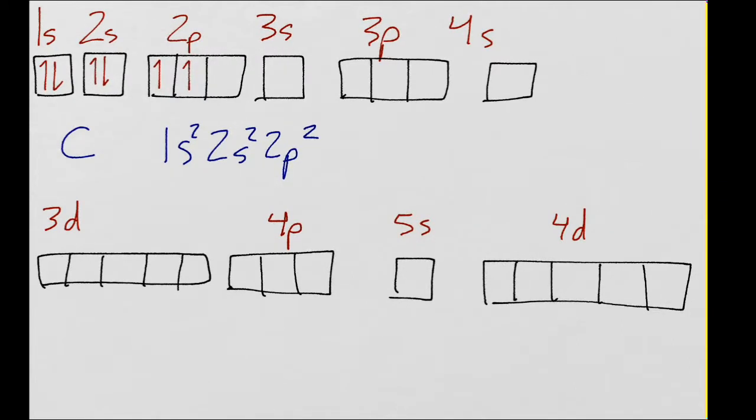Now we can build on that if we take a different element. Let's take oxygen, for example. Oxygen has 8 electrons, and so we know that instead of 2p2, it's going to be 2p4.